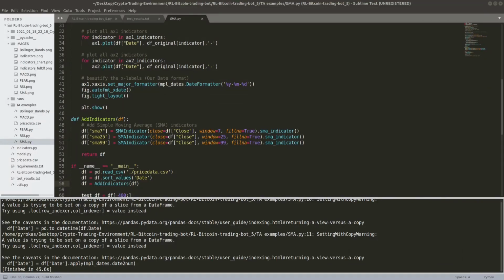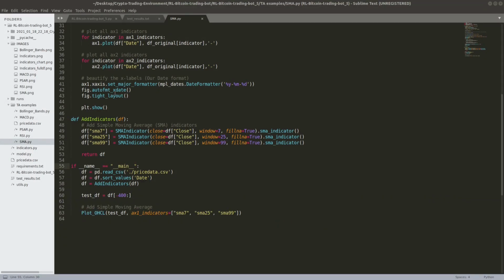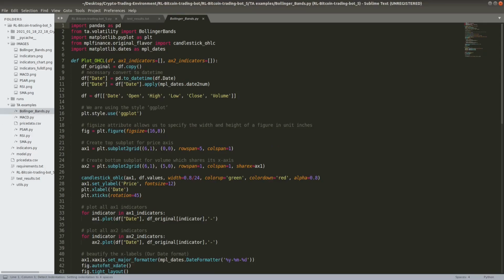The next indicator I would like to plot is Bollinger Bands, and it's a technical analysis tool outlined by a group of trend lines with calculated two standard deviations, positively and negatively, away from a simple moving average of a market price, which can be adjusted to users' preferences.